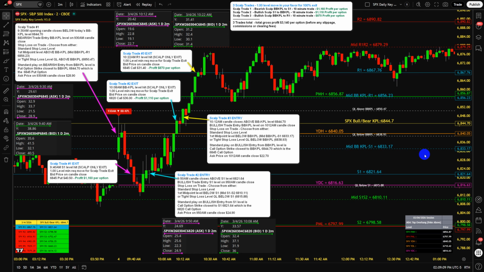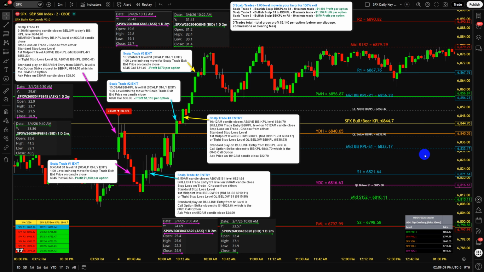Now, with this particular indicator, for the levels PMH, YDH, YDC, PML, and YDL, you have an integrated stop loss and reward risk multiplier built into the indicator for utilizing either standard stop losses or tight stop losses, and then setting your reward to risk parameters for bullish or bearish trades off of those levels.